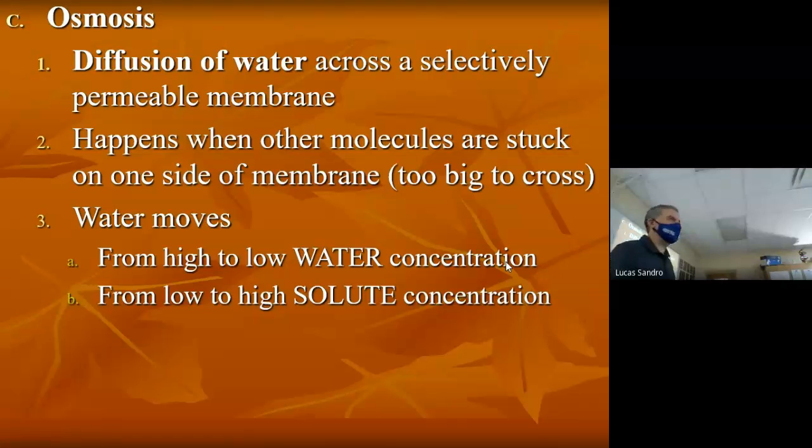And again, there's two ways to think about it. It's going to move from high to low water concentration. But it could be hard to think in terms of water concentration. So the other way to think about it is it's going to move from low to high solute concentration. In other words, it's going to move the opposite direction that the stuff would have wanted to move.